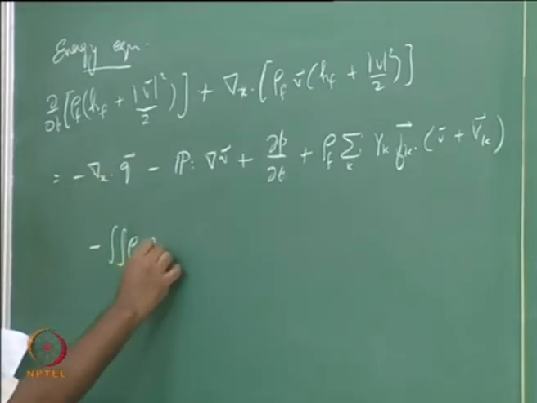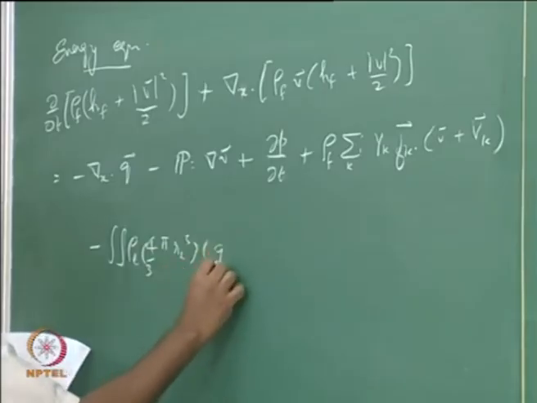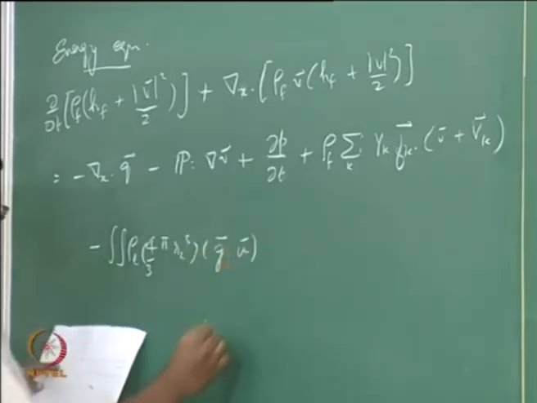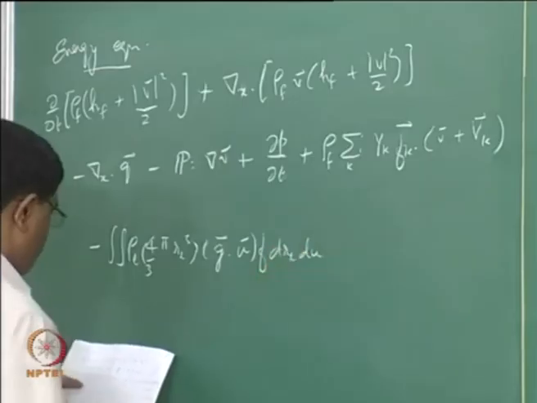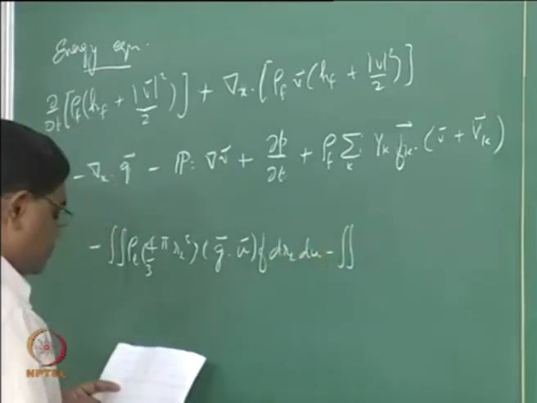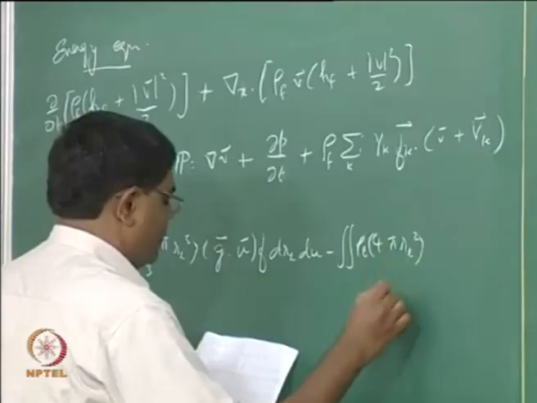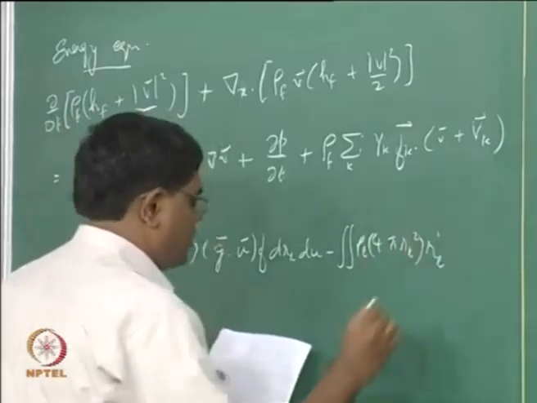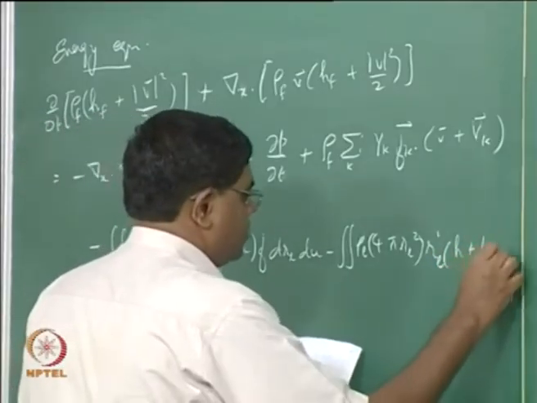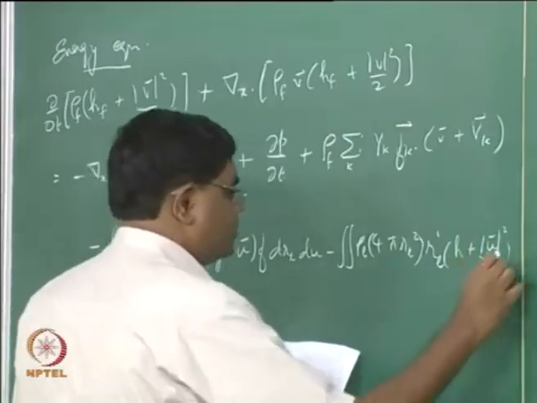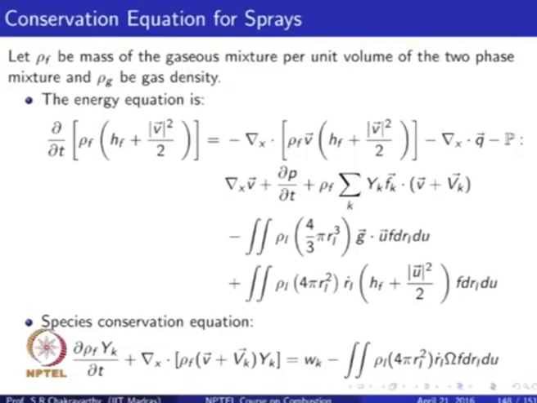So you now have integral rho L 4 over 3 pi RL cubed G dot U, this is the work done due to the drag force, times f dRL du, minus integral rho L 4 pi RL squared, that's the surface area, times RL dot (H plus modulus U squared) times f dRL du, right.